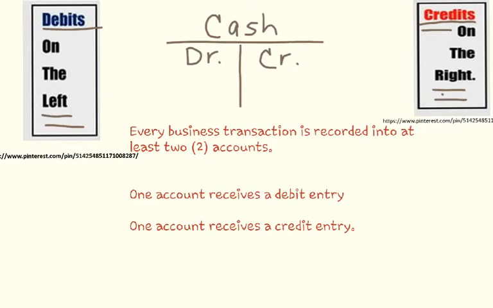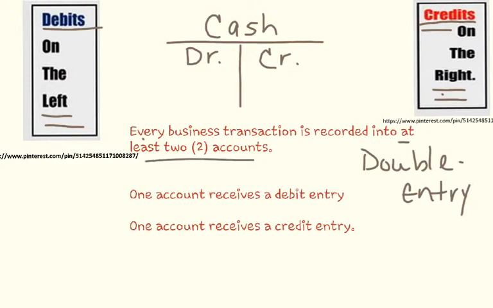Now, because of the double entry bookkeeping accounting system, and we've talked about this a little bit in class, every business transaction is recorded in at least two accounts. But right now we're going to start with it being just two accounts.